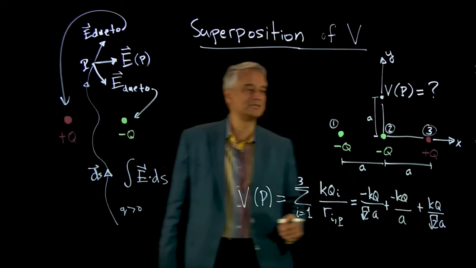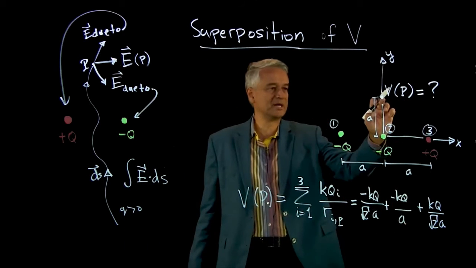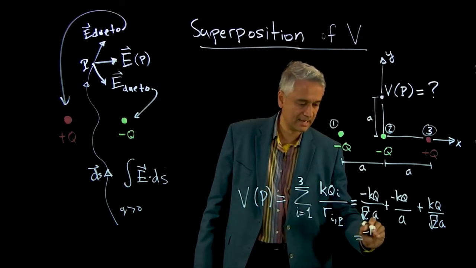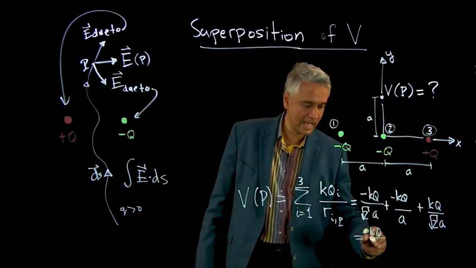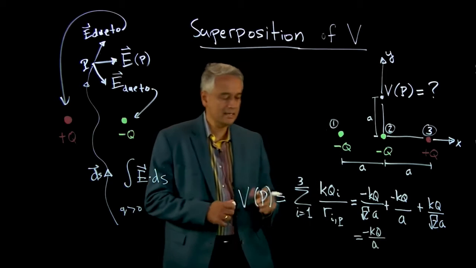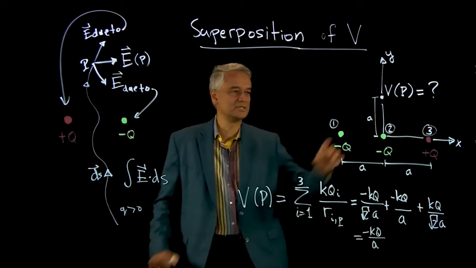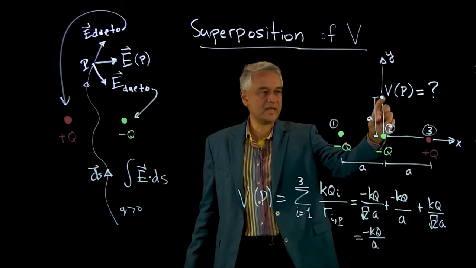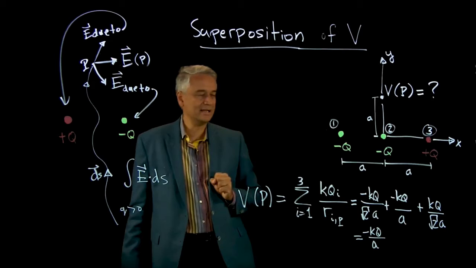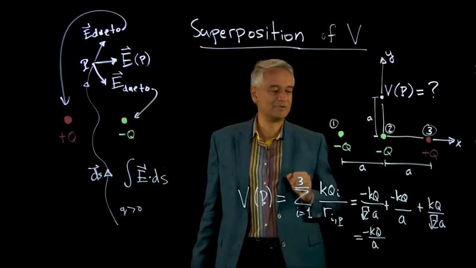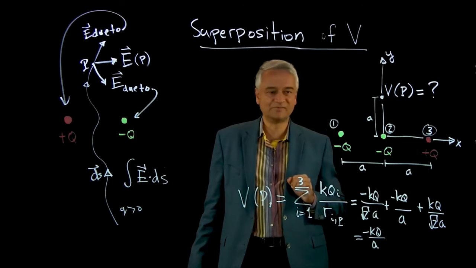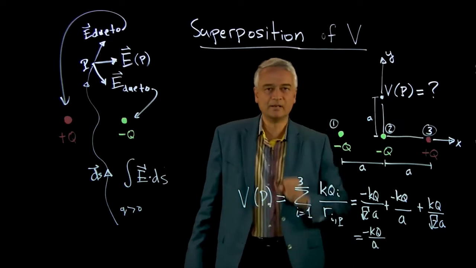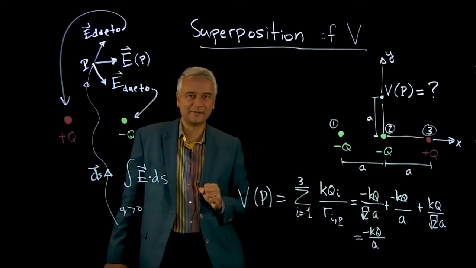And so the answer to the question that I posed, what is the potential at this one point, is just minus kQ over a. But knowing the answer to this question does not tell me what the direction of the electric field is here. We'll return to that. To learn the electric field here, I have to do a more complicated calculation, which will involve taking a derivative of the potential, not just at one point, but in an entire region, and we'll come back to that later.